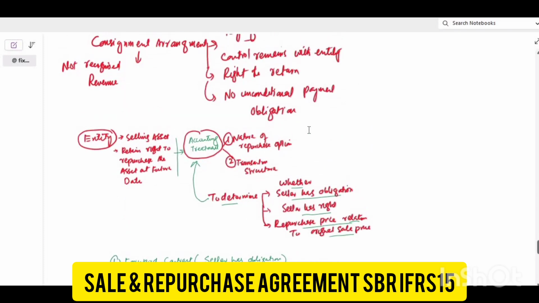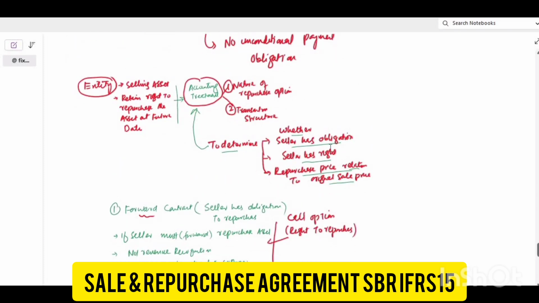Yeah, I think we have started here. Now you see here, I have told you that an entity sells an asset but retains the right to repurchase it at a future date. Then we call that a sale and repurchase agreement.